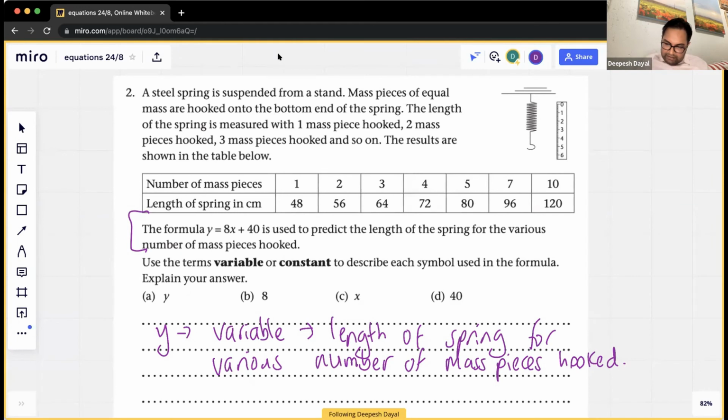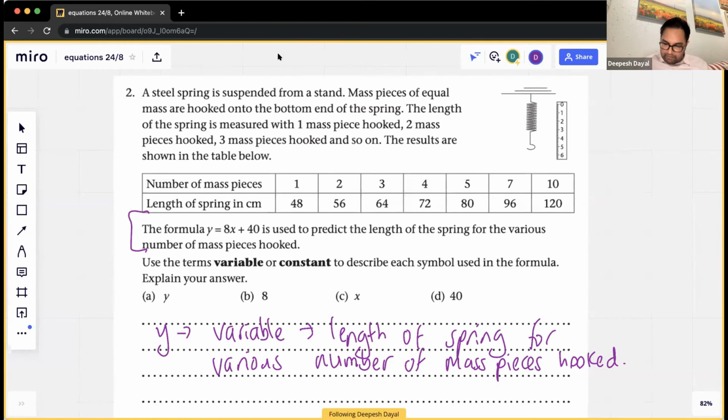Look, it says the steel spring is suspended from a stand, mass pieces of equal mass. Oh, yes, it's the mass pieces. Look, number of mass pieces. This is the length of the spring.